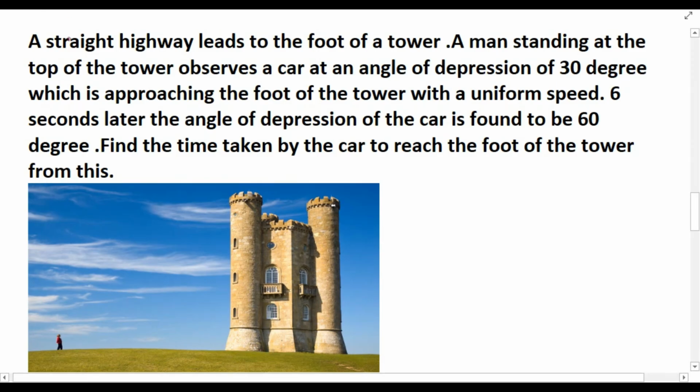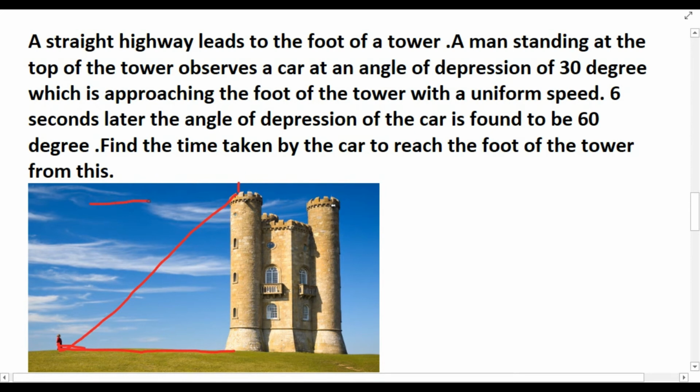Now the next question is, a straight highway leads to the foot of the tower. Suppose this is the highway. Man standing at the top of the tower observes a car at an angle of depression 30 degree.